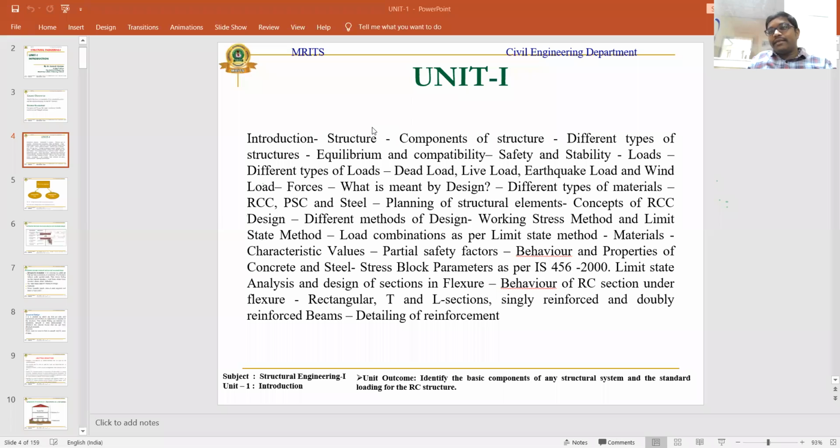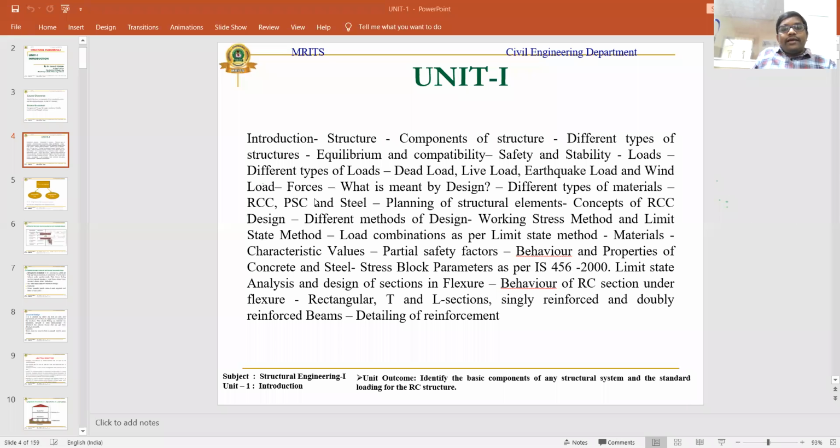Steel and concrete are the major ingredients which can be used for designing or constructing any type of residential building or commercial building. So RCC is nothing but reinforced cement concrete, and then there are pre-stressed concrete structures and steel. What is the difference between the two is that the steel grades we are using in RCC and PSC are different. Here we are going to use the wires, whereas here we are going to use the bars.